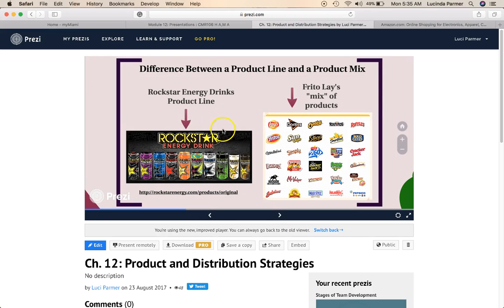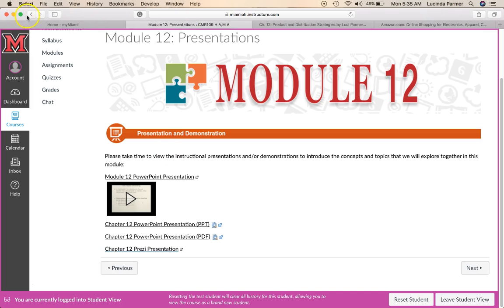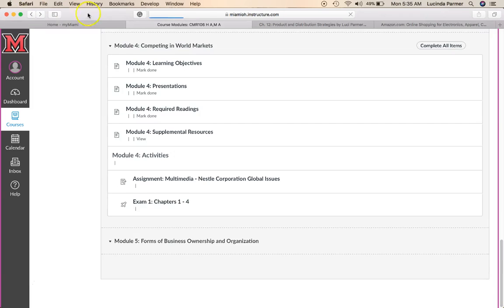Then we can look at Rockstar energy drinks. This is their product line, all the different flavors in a Rockstar. Frito-Lay's product mix, all the different products that they actually produce, from chips to Cracker Jacks to cookies. So you have examples in there too, so be sure you're going through that.